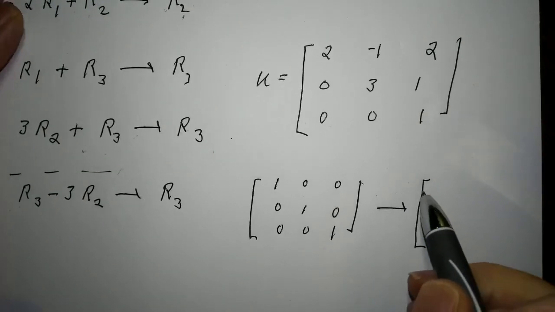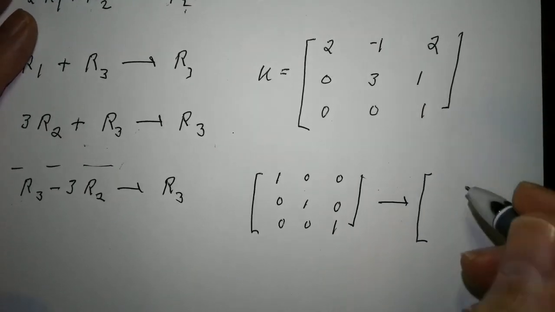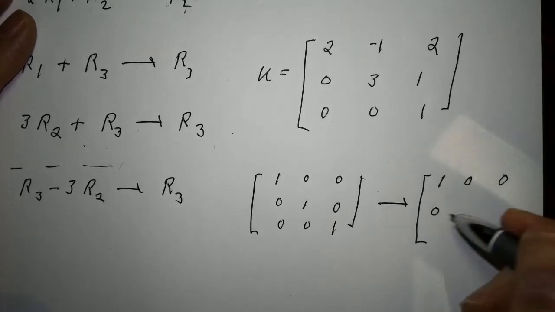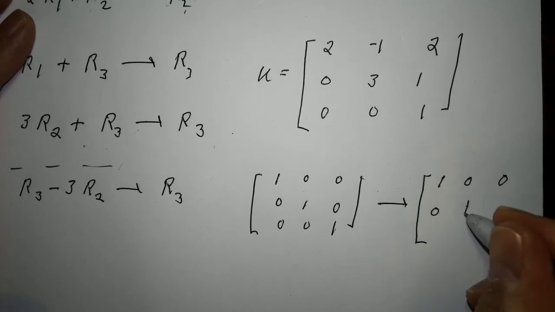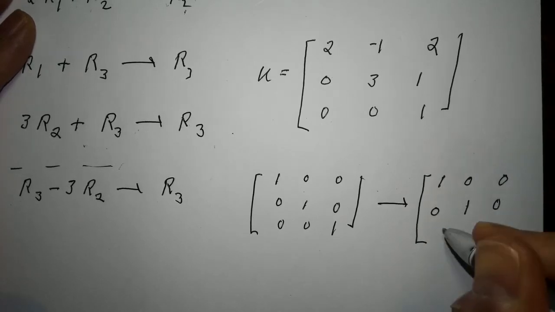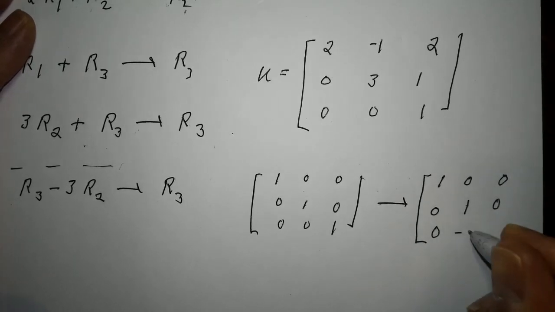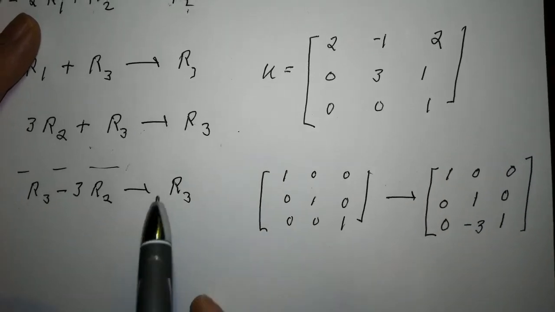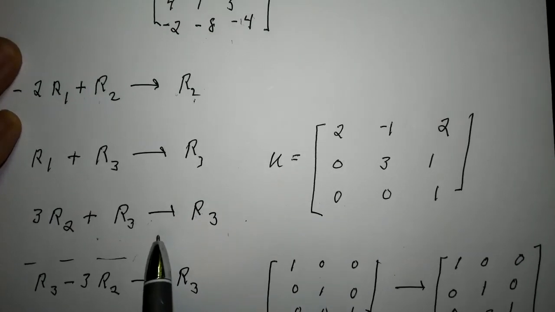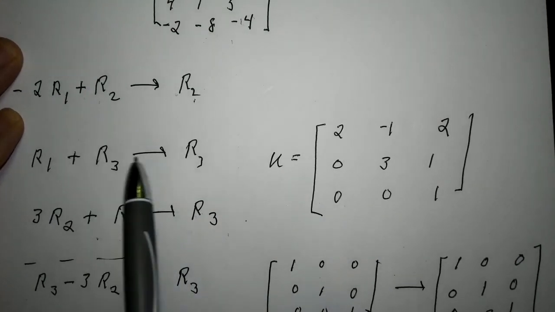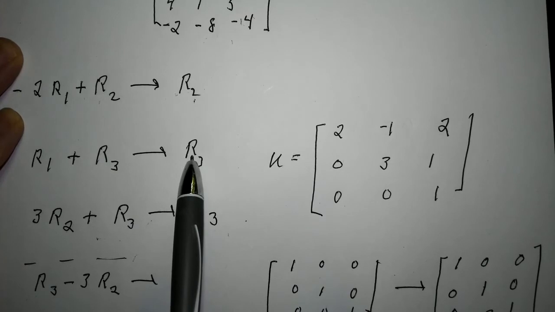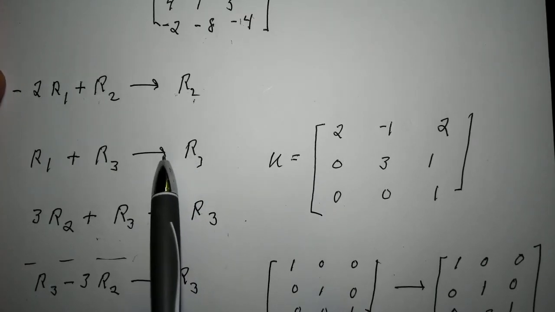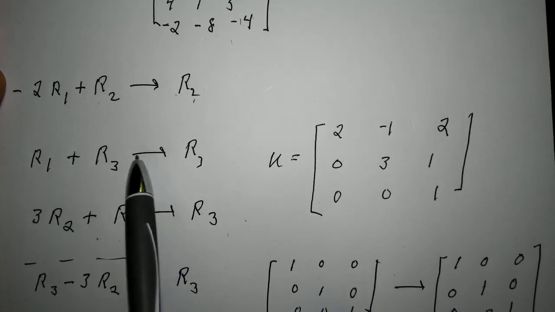If we do so, what we would get is 1, 0, 0, 0, 1, 0, 0, negative 3, 1. So that's the inverse operation of the third operation above. Now we have to get the inverse operation corresponding to this. Again, let's think about the arrow going from right to left.